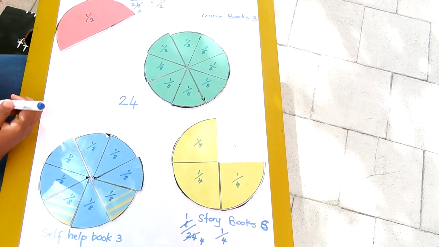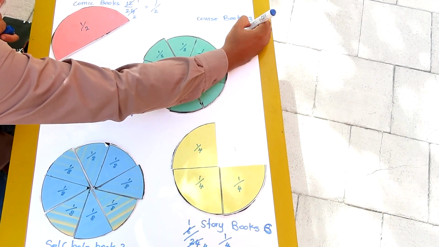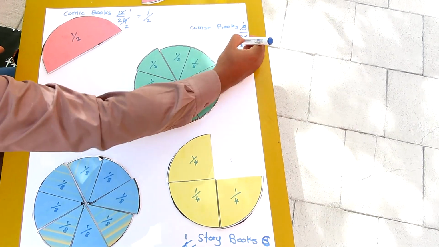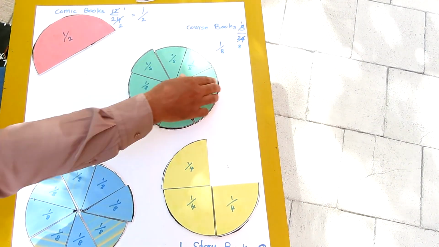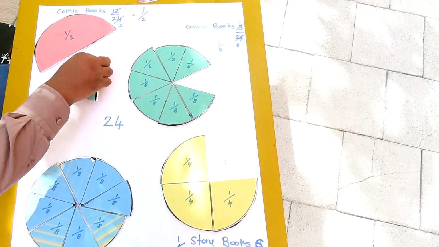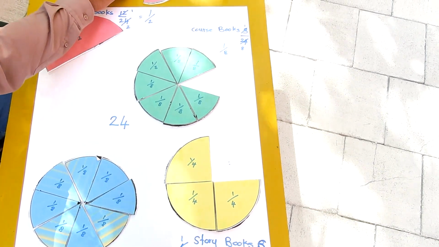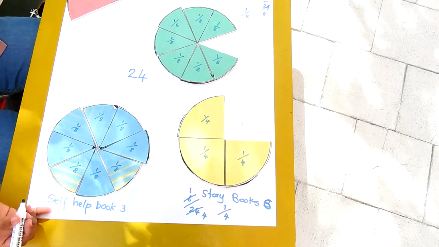And 3 by 24. Those are the course books I have. So it will give 1 by 8. So that means 1/8 of the books that I have are course books. And the remaining are self-help books.